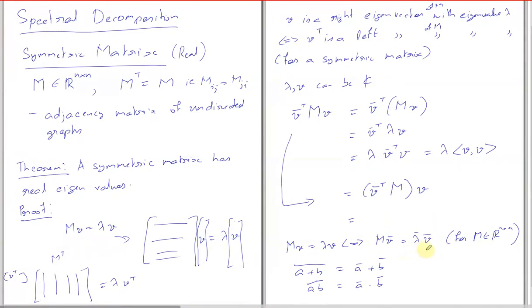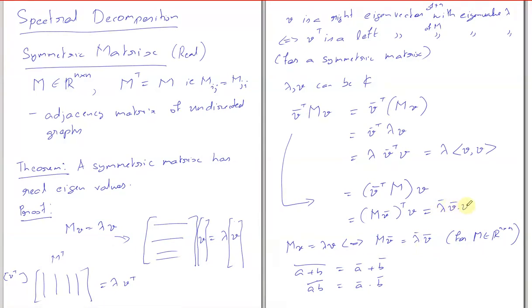Okay, but what was suggested was a simpler thing, no? So you can write M V bar, the whole transpose, times V. Okay, so this is lambda bar times V bar, right? This is lambda bar times V dot V. You agree?